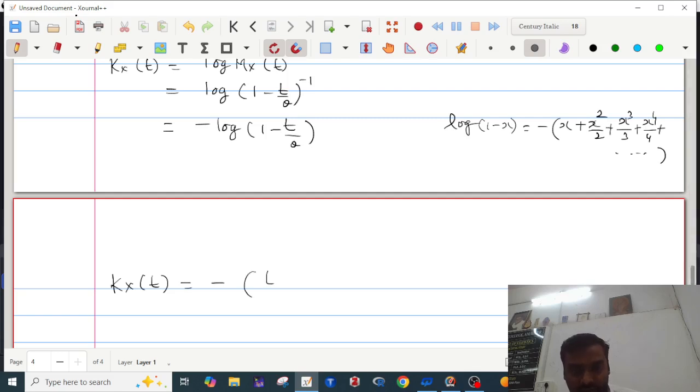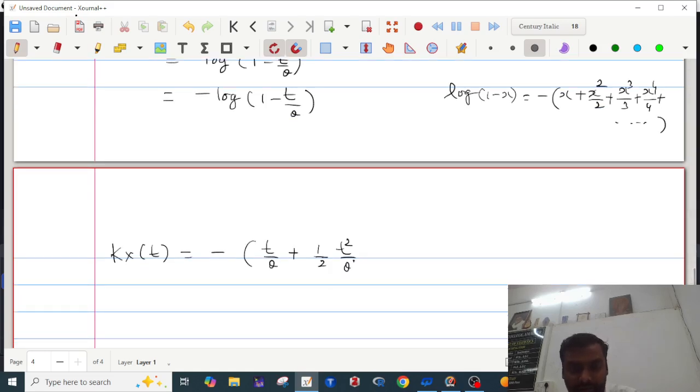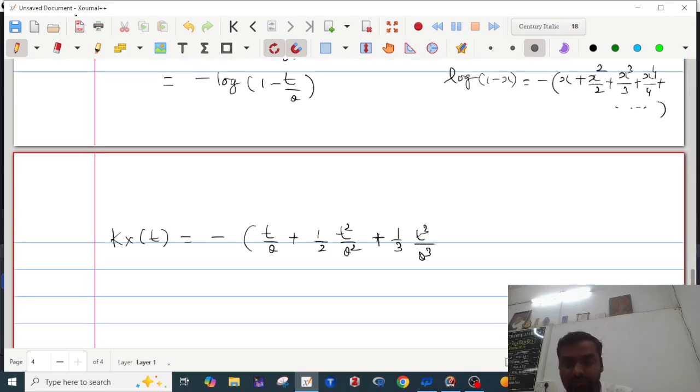It is minus, t upon theta plus 1 by 2 t square upon theta square plus 1 by 3 t cube upon theta cube plus 1 by 4 t raised to 4 upon theta raised to 4 and so on.